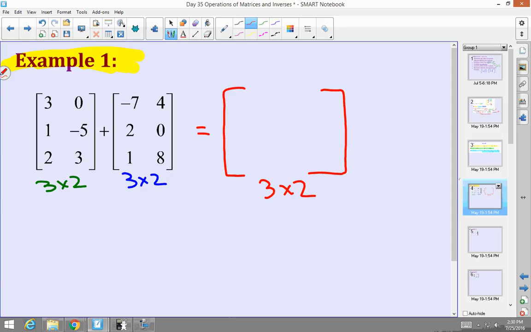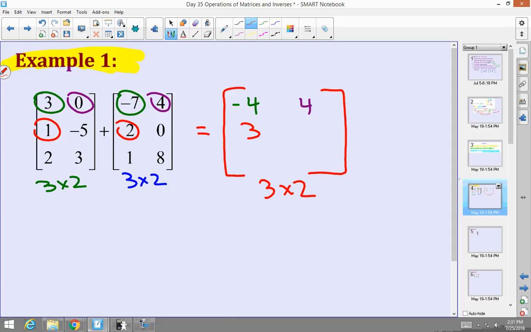And it is this simple. You pattern match. You're looking at the 3 guy and the -7 guy, the top left. Add them: 3 plus -7 is -4. If I add 0 and 4, I get 4. I can add 1 and 2 and get 3.